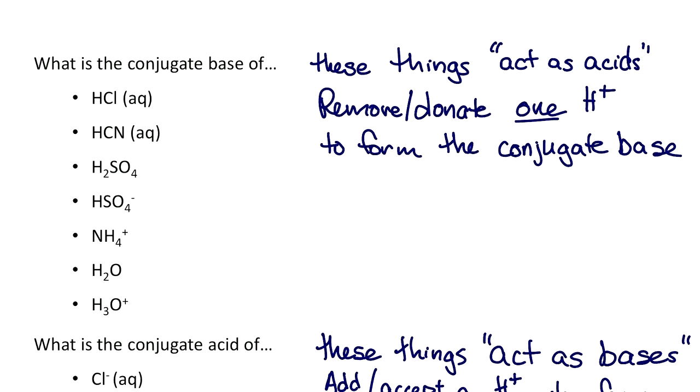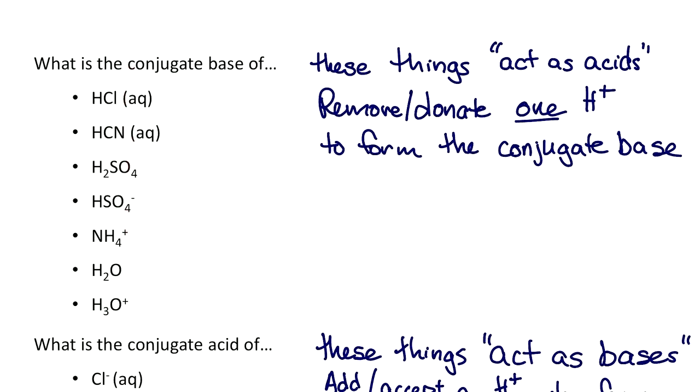To make a conjugate base, I need to be looking at this substance behaving like an acid. Acids do what in terms of protons? They donate protons. So I need to ask myself, if this substance donates a proton, the thing that's created is its conjugate base, all right?